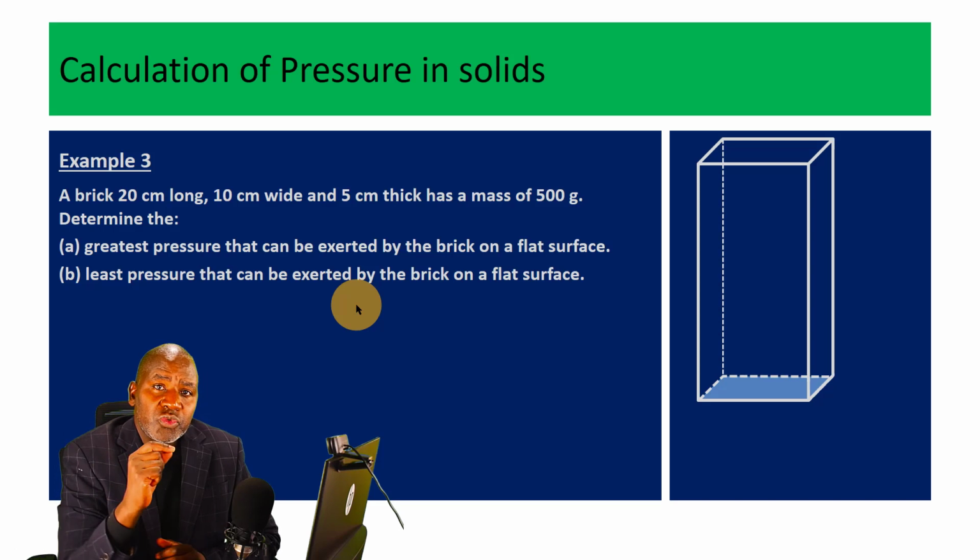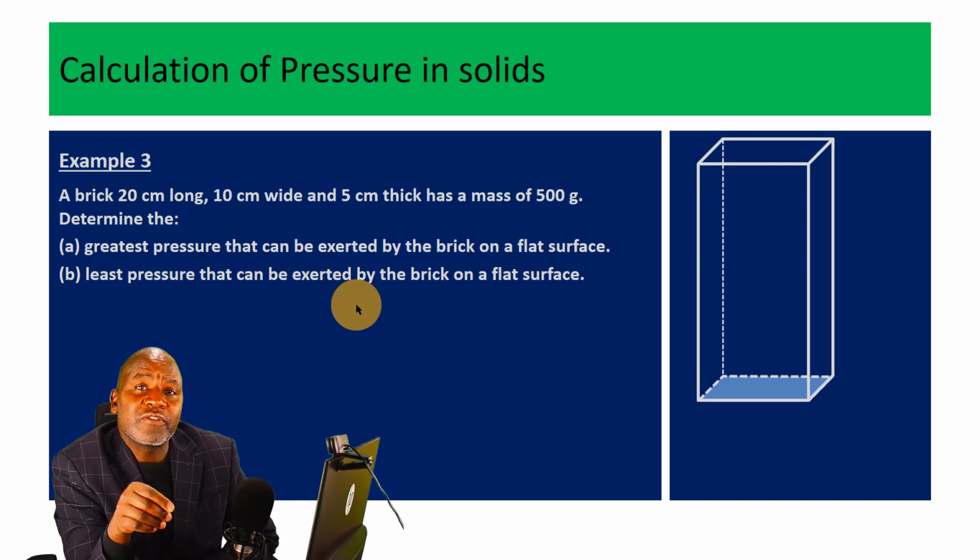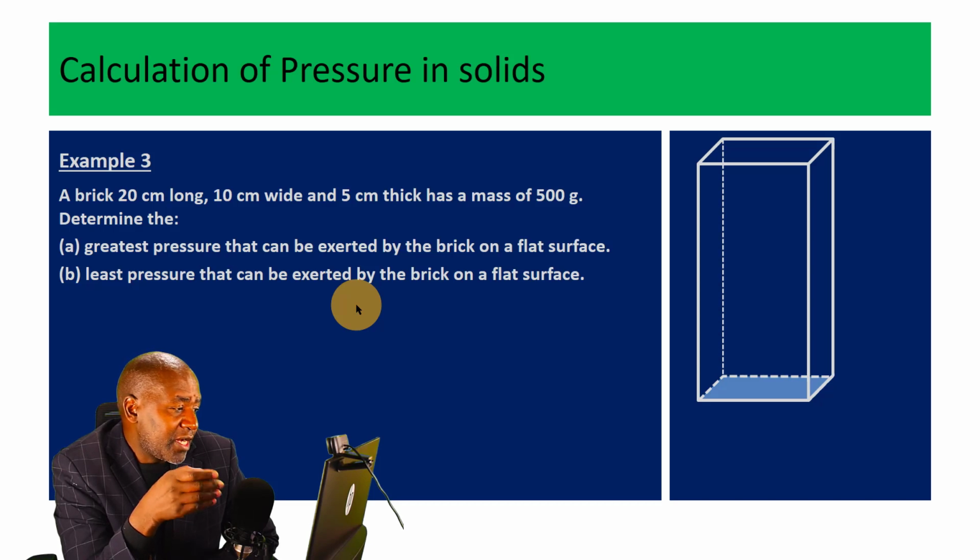Don't confuse this with that situation where we say that the weight of a substance changes from place to place. The place has not changed, so the weight of that object remains the same because the value of the gravitational field strength has not changed. So the force that the block exerts on that surface remains equal to its own weight, and that weight remains the same whether it lies on the smaller surface or on a larger surface.